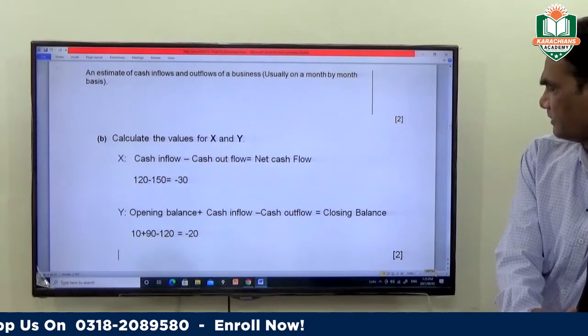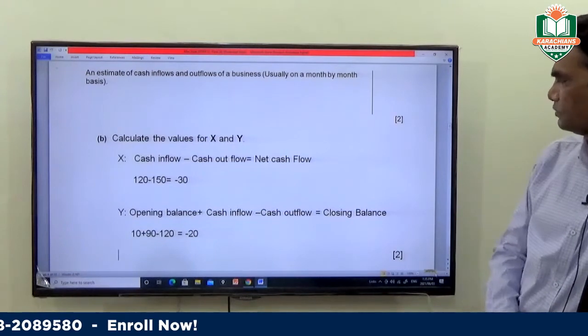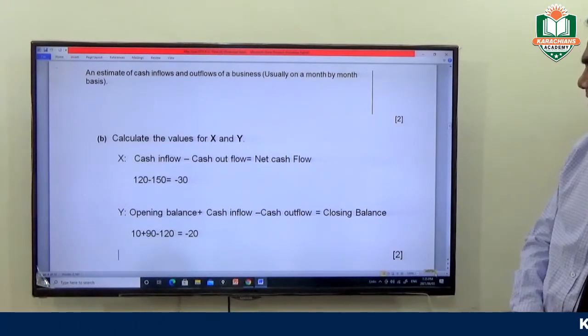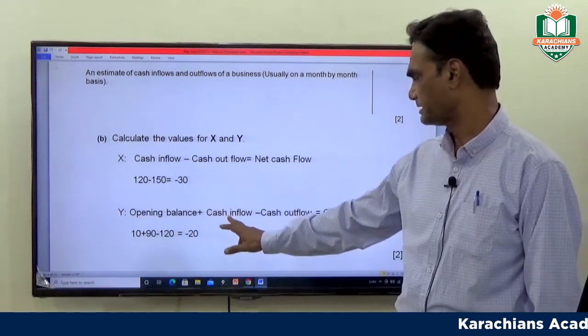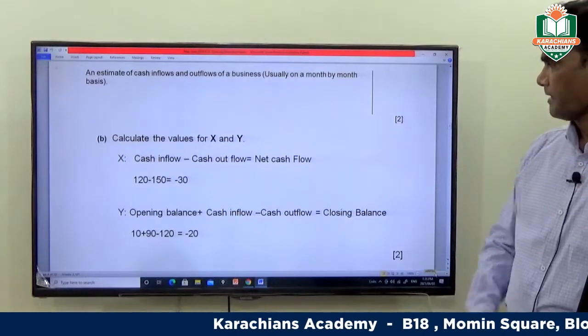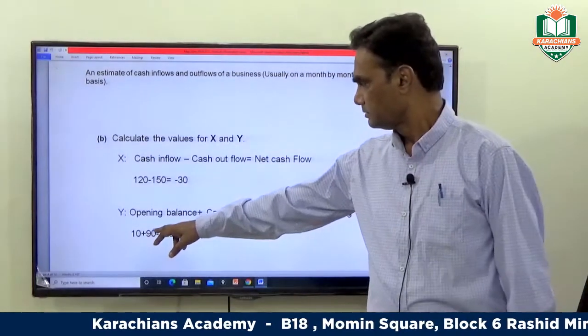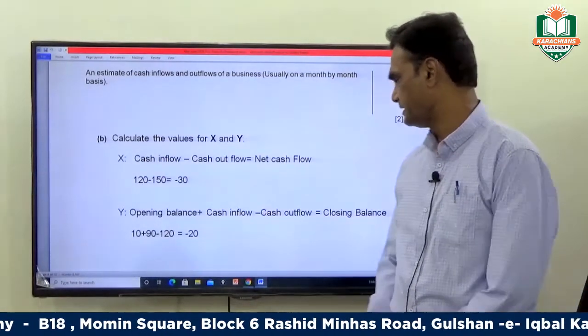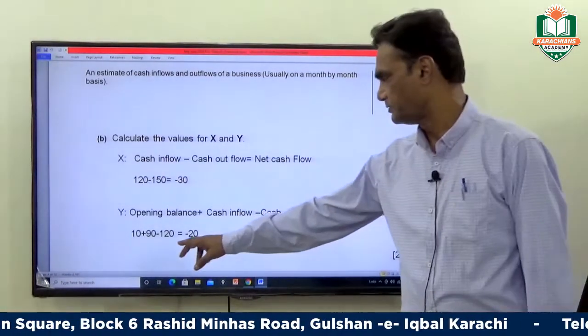Second is Y. Here we have to find out the closing balance. To calculate the closing balance, the formula is opening balance plus cash inflow minus cash outflow is equal to closing balance. In the question, opening balance is 10, cash inflow is 90 and cash outflow is 120.